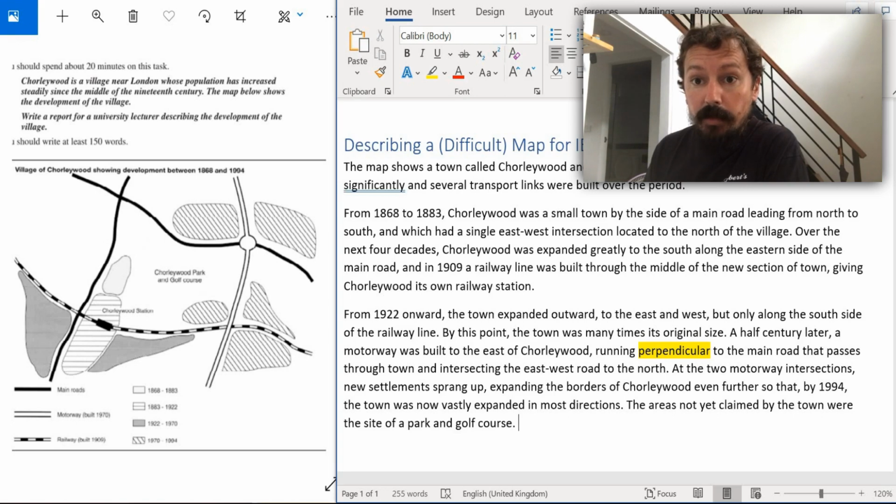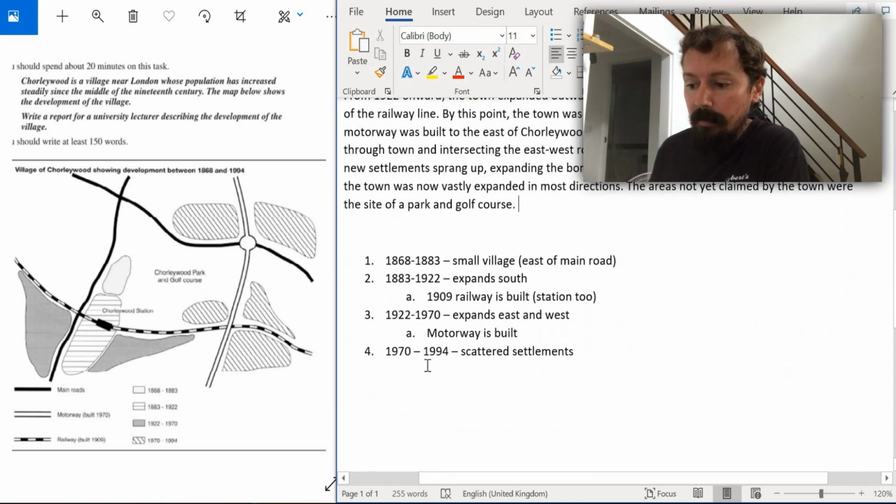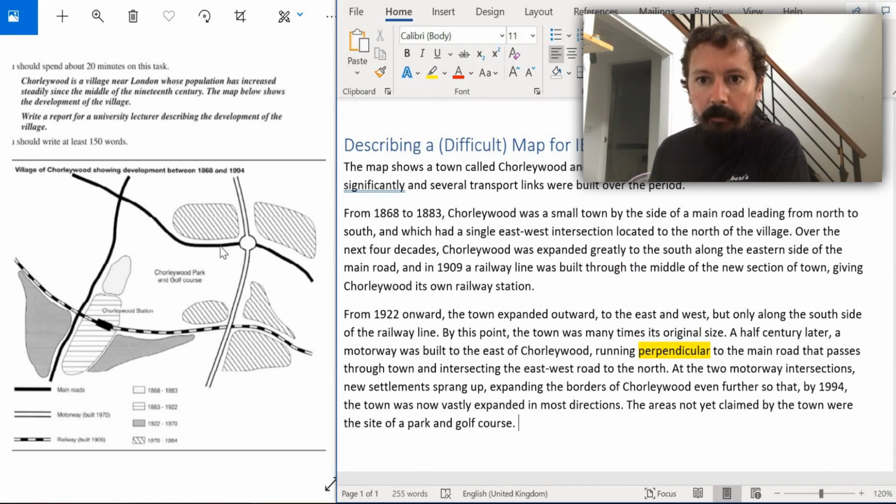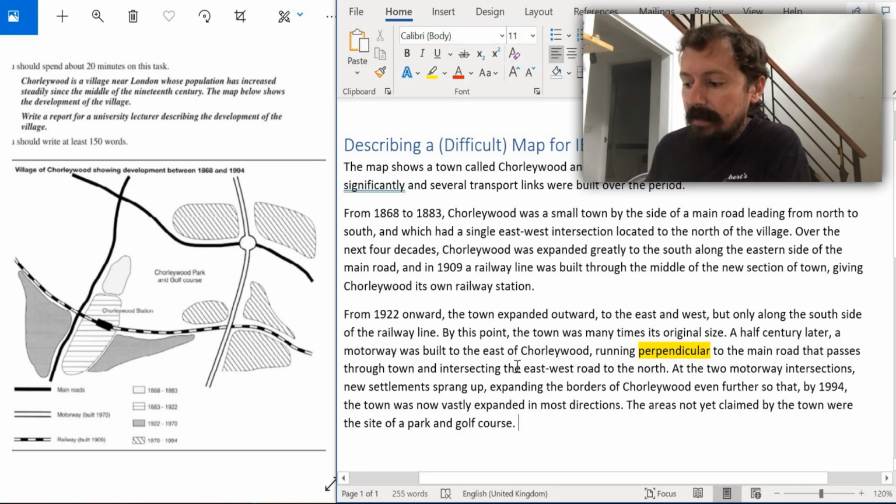So this is our description, and you can see that it pretty much matches this little plan we made here. And we've basically covered everything in this. If I was to read back through this, let's see if I find any typos or any factual errors.